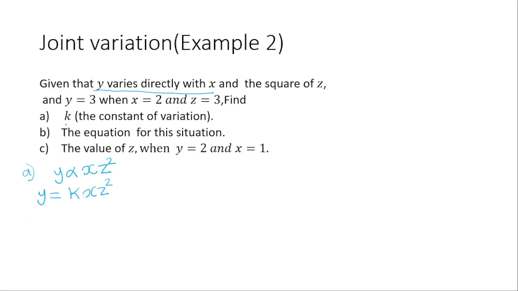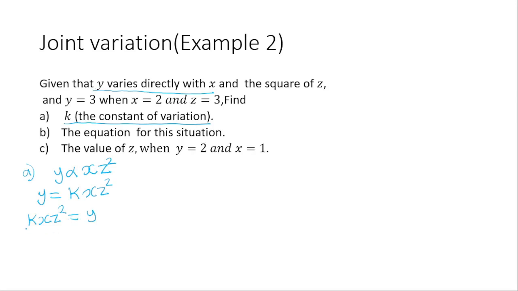So we now tackle the question. It's not soccer, but it's math. We also do tackles in math. So k, the constant of variation, is what we're looking for. So the term on the right hand side goes to the left, the one on the left goes to the right.